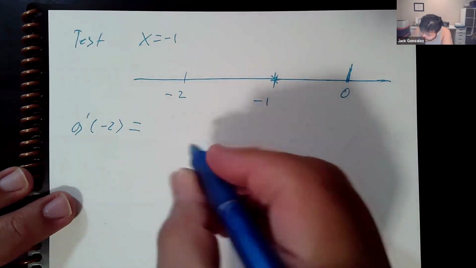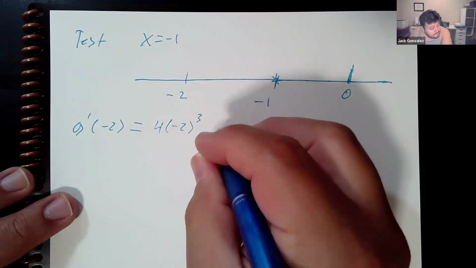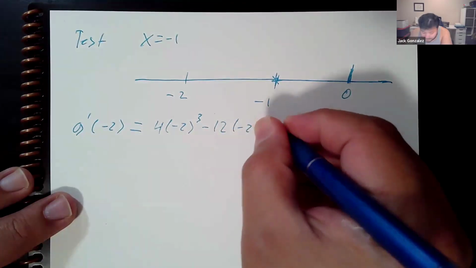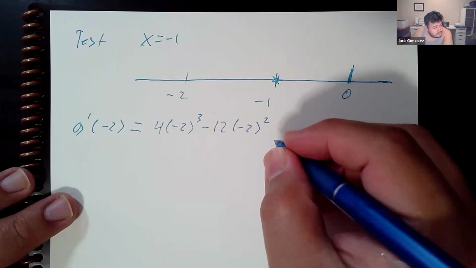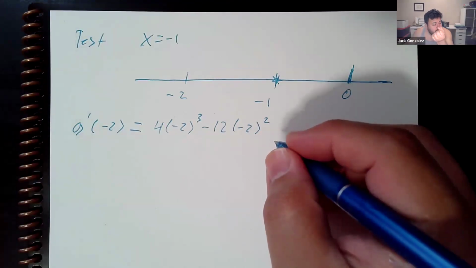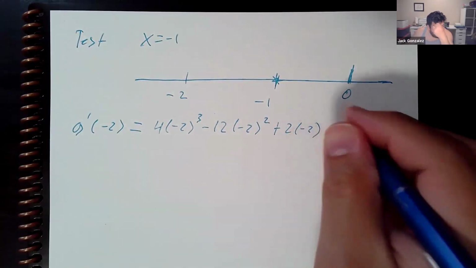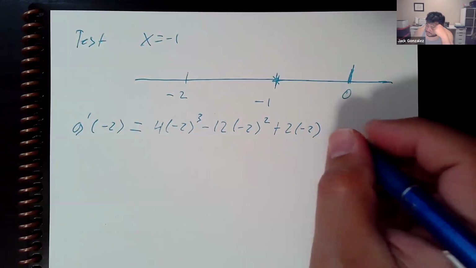All right, so it'll be 4 times -2 cubed minus 12 times -2 squared plus 2 times -2 plus 18.